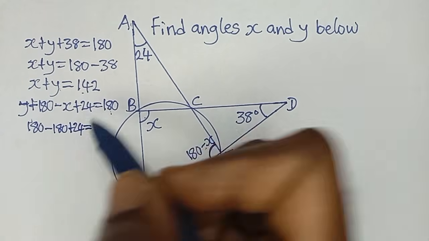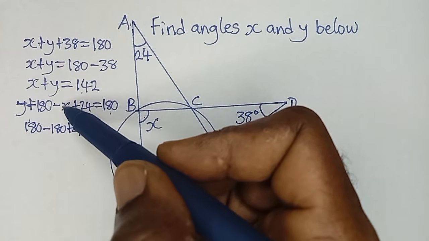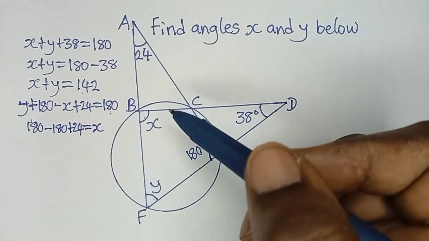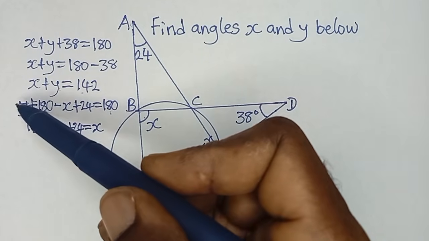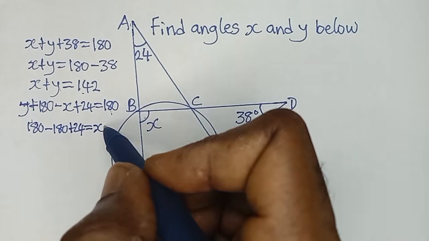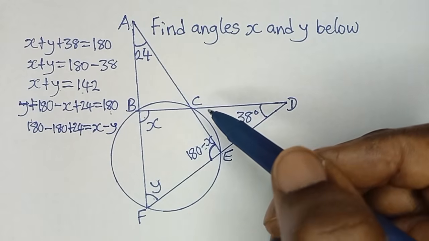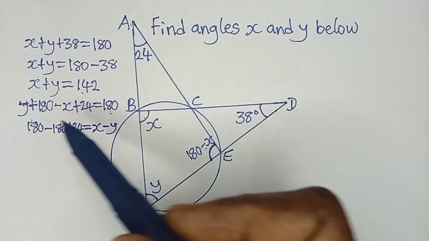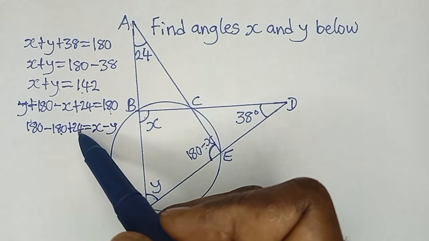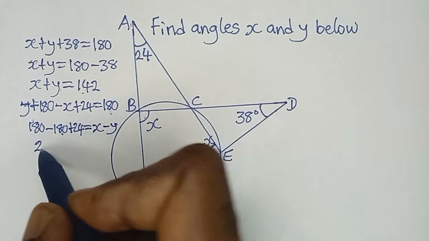And that will be equal to this negative X. If it comes to this side, it becomes positive X. Hope you have seen that. And then this is positive Y. If it crosses to this side, it becomes negative Y, that is minus Y. So that 180 minus 180 is 0, and then 0 plus 24 will give me 24.